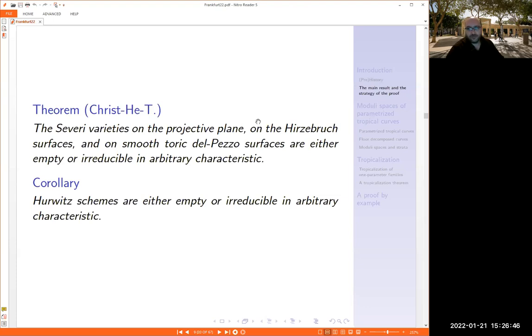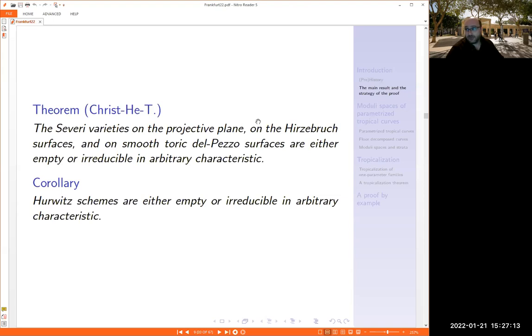You can work in your favorite characteristic, if you like 2, 5, or 0, and you can prove that Severi varieties are irreducible in all these cases. In fact, in more cases, but the proof by example will be for a different surface. And as a corollary, you immediately get the irreducibility of Hurwitz schemes in any characteristic.